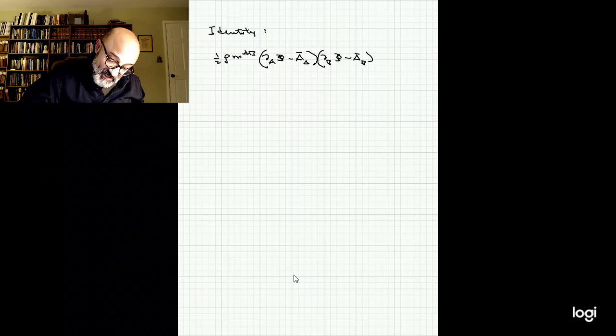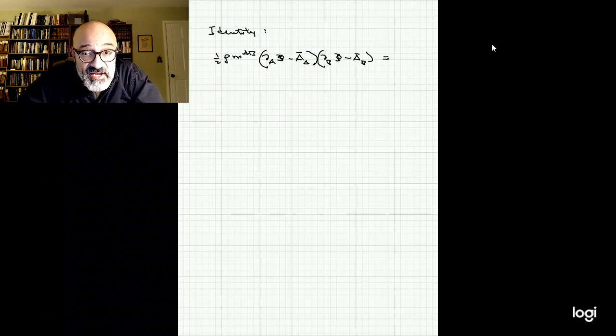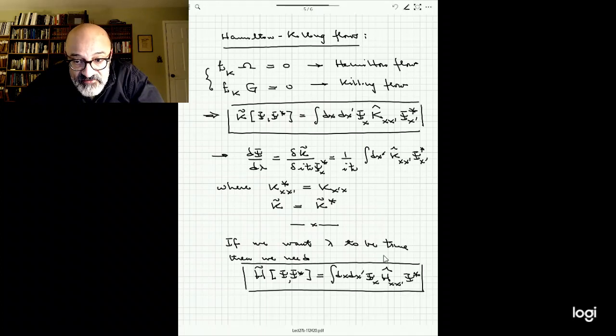And this integrand is what we have to rewrite in a form that is linear in psi and in psi star, that is quadratic in these wave functions.